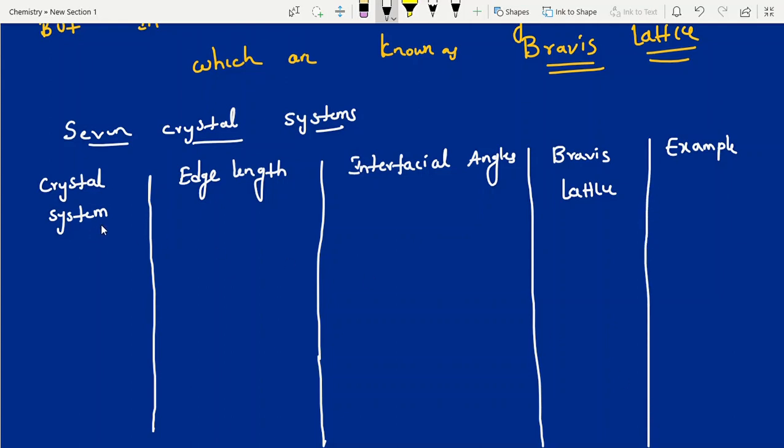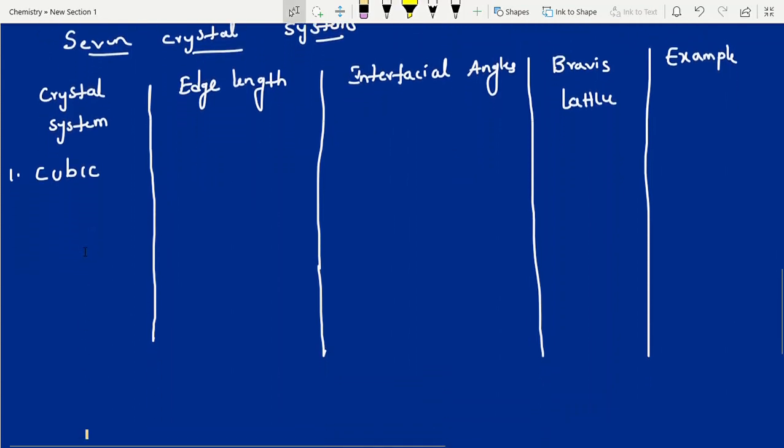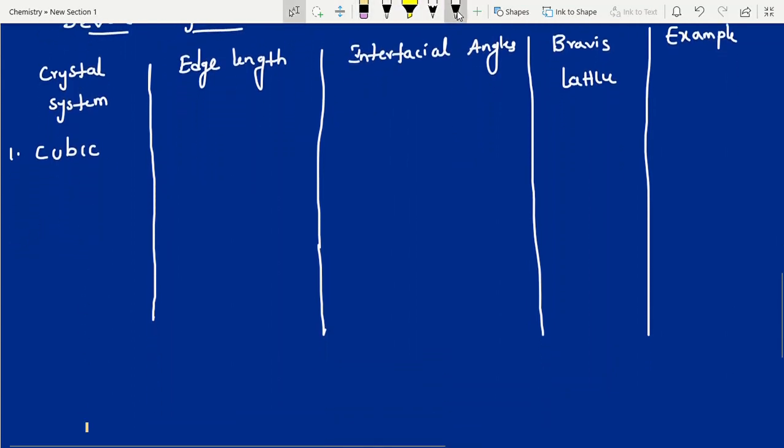First crystal system, cubic. It's very simple, easily we can remember. Second crystal system, tetragonal. To give the shortcut, I have arranged it like this.